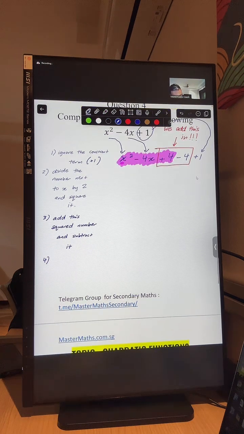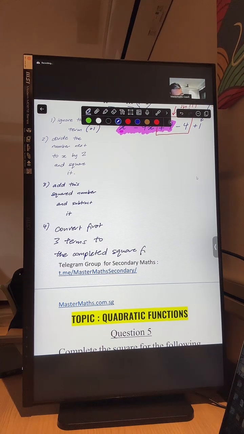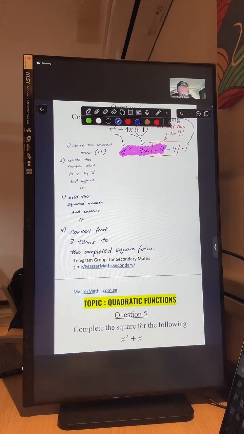So I will write down, using the first three terms, convert the first three terms to the completed square form. So that's the step number 4.